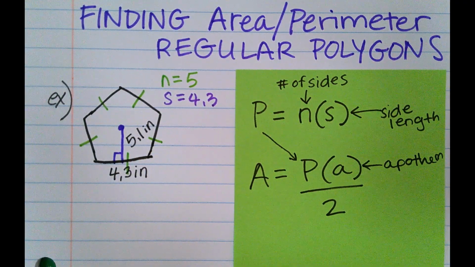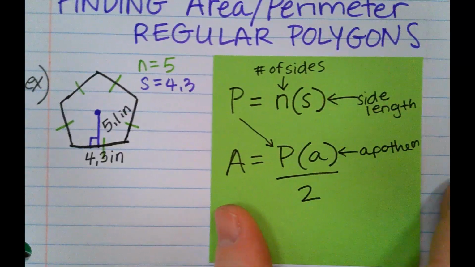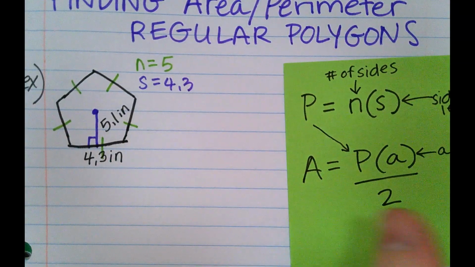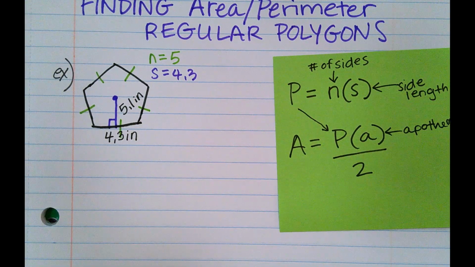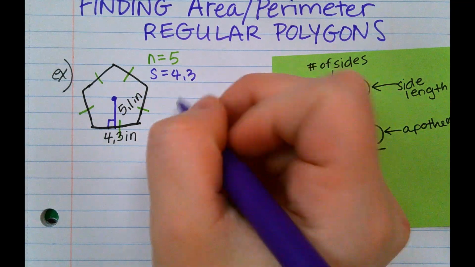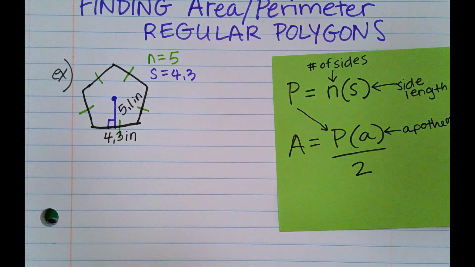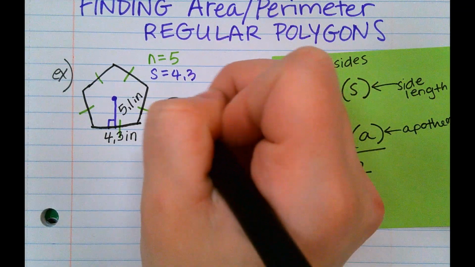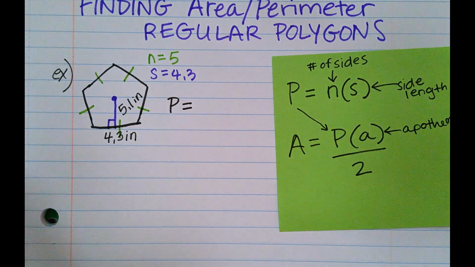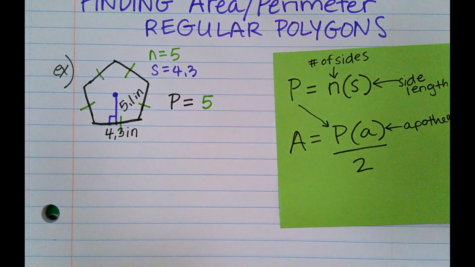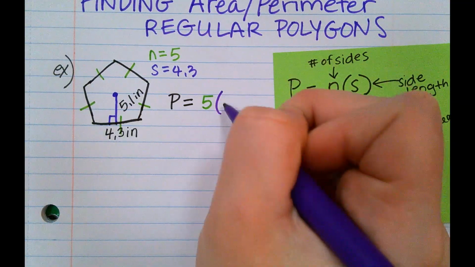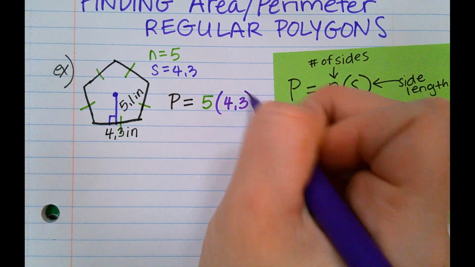Now I can find the perimeter, can't I? What do I do with those numbers? Plug them into the formula and multiply. Good. So, perimeter. P equals 5 times 4.3.